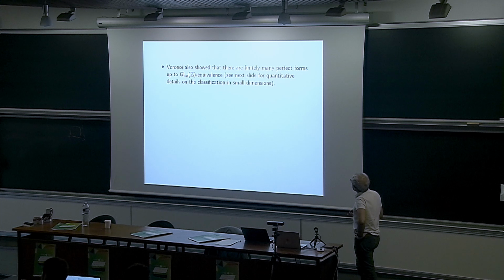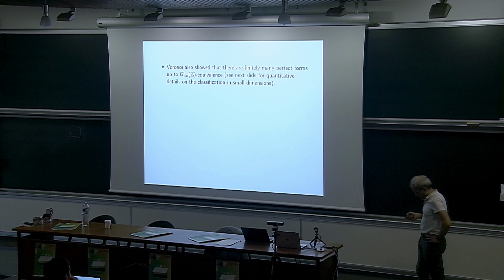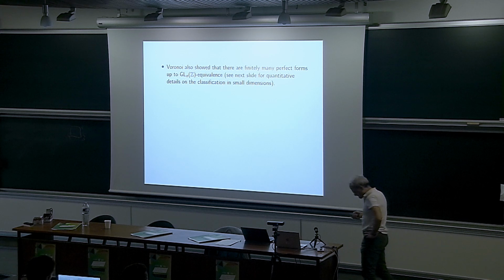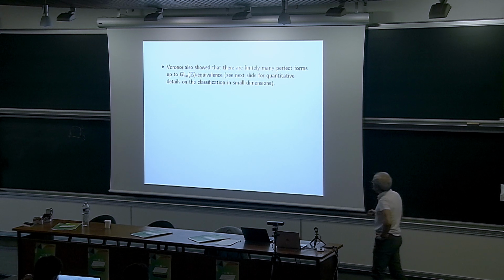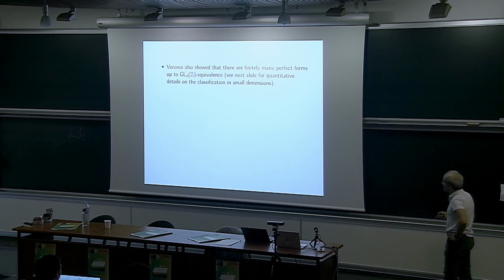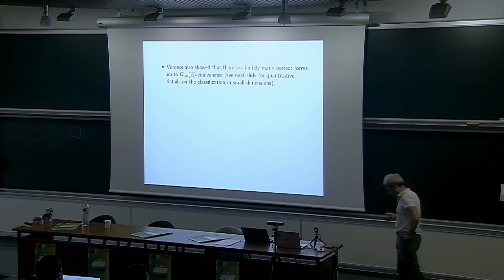So in the same paper, Voronoi also showed that up to GL_n(Z) equivalence, there are only finitely many perfect forms.